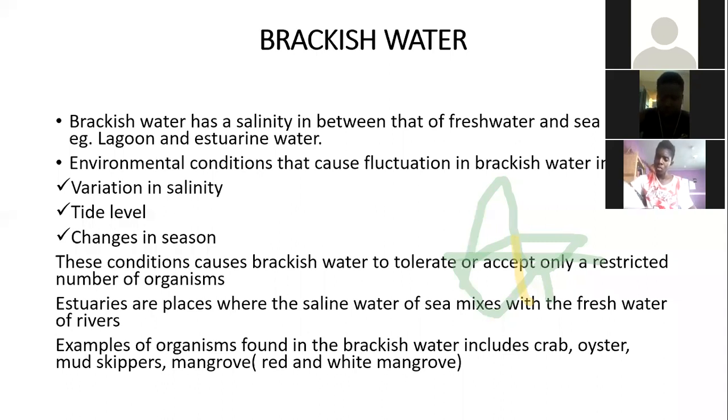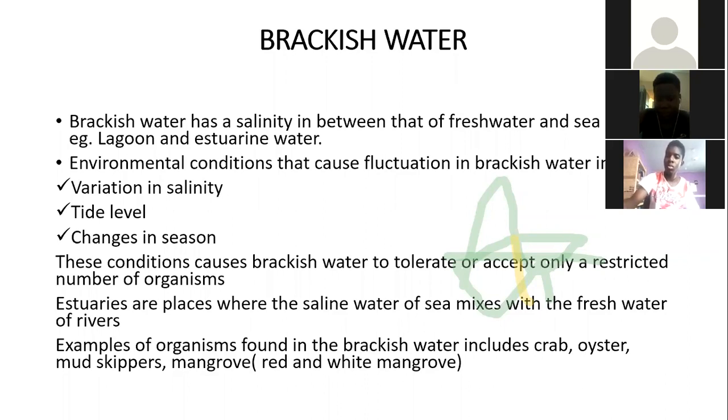These conditions cause the brackish water to tolerate only a restricted number of organisms. Variation in salinity, tidal level, and change in season enable only a restricted number of organisms to survive there. This brackish water suits organisms that don't like freshwater habitats and don't like marine water, but like a place where the salinity is between freshwater and sea water.